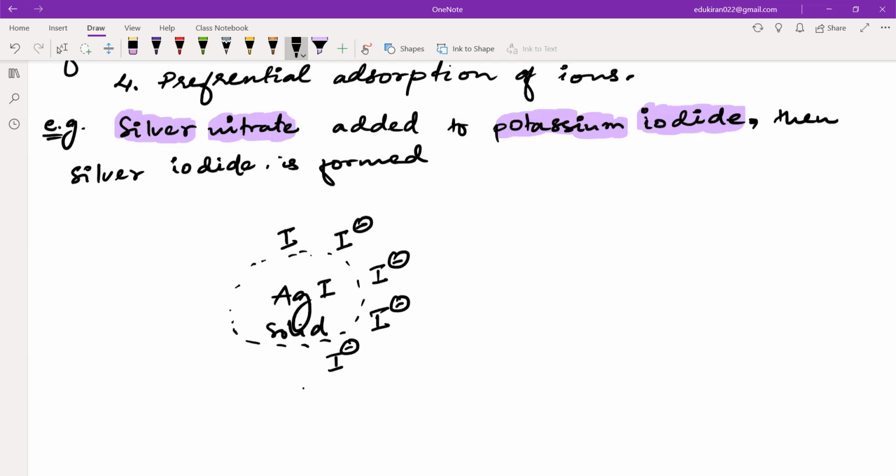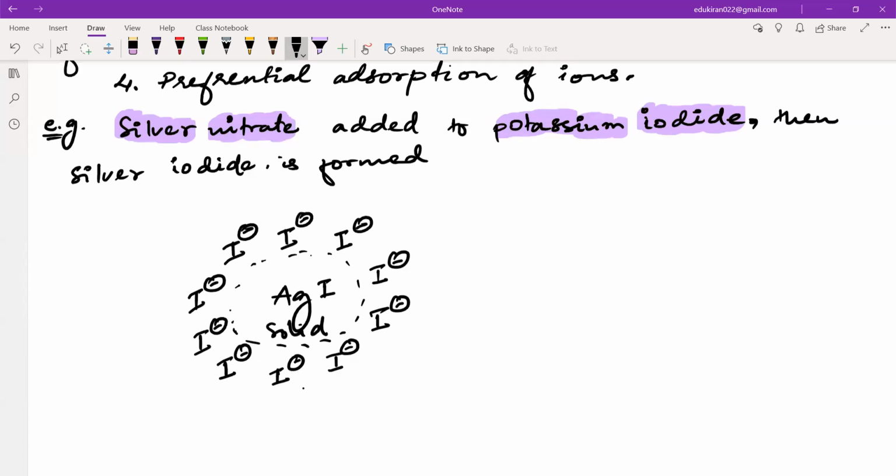Why? Because the iodide ions were coming near the Ag plus ion. So you will form this type of layer of I negative around the solid AgI, solid silver iodide.